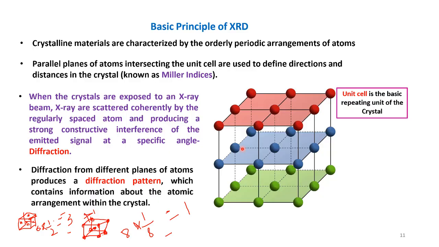So we need to scan through all the angles, from 10 degrees to 90 degrees, the whole range, and actually rotate the sample to make the X-ray fall at a particular angle to get the peak out of it. So diffraction from different planes of atoms produces a diffraction pattern. So that peak we will get, which contains information about the atomic arrangement within the crystal.